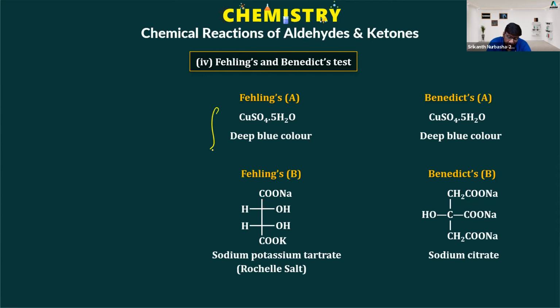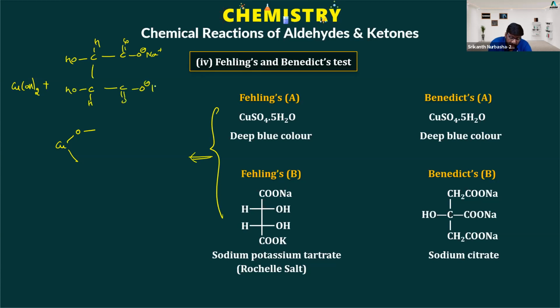It will form a complex in this manner: CuOH taken twice, plus C double bond O minus Na plus connected to CHOH, also connected to CHOH, connected to C double bond O minus K plus.